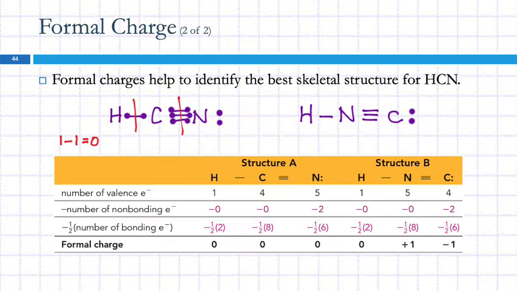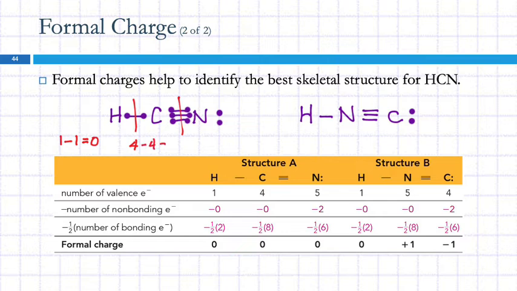Hydrogen always does that. Let's look at the carbon in the middle. How many valence electrons did carbon bring to the structure? 4. It's just group number on the periodic table. And how many electrons would carbon be leaving with? 1, 2, 3, 4.